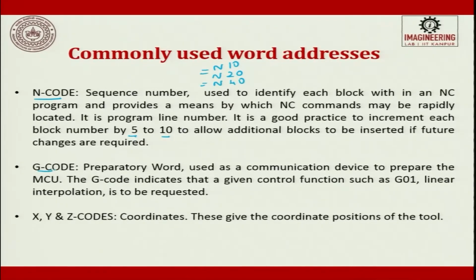G codes are preparatory words used as a communication device to prepare the MCU. G codes indicate that a given control function, such as G01 linear interpolation, is to be requested. X, Y, Z codes are coordinates.